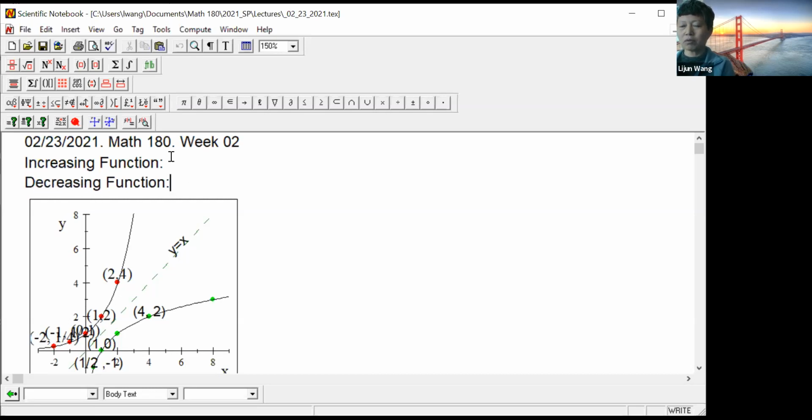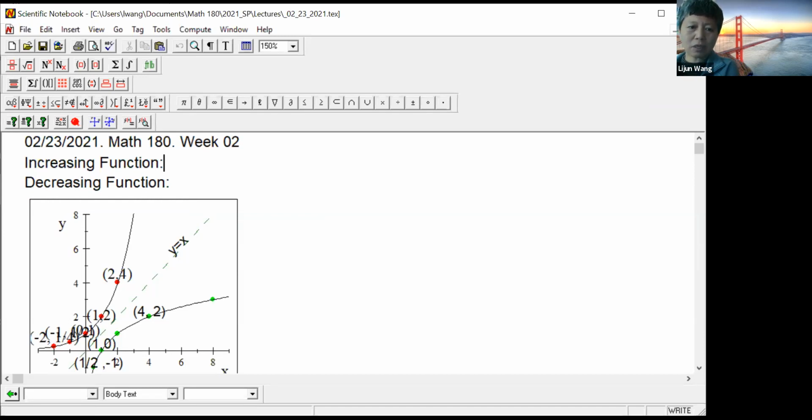Since we did one-to-one function, when we look at increasing function and decreasing function, these two concepts are very, very important concepts in calculus class. You'll be using increasing function and decreasing function in chapter 4 of calculus.